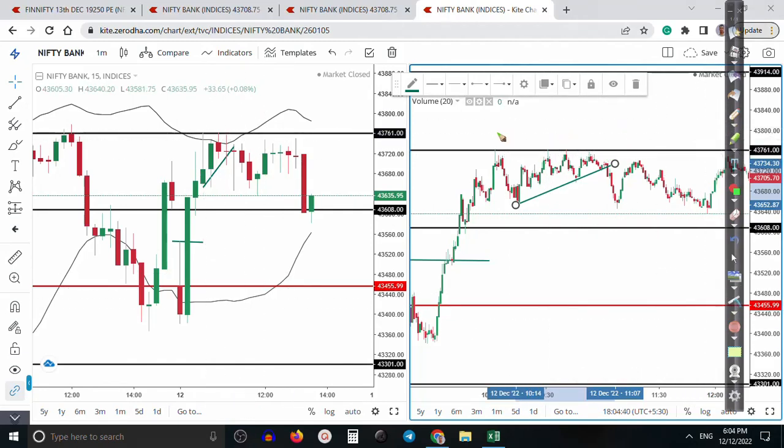Just a minute, my dog is working. 1, 2, 3 tests, and the 4th test. On the first test price was not forming any bearish candle. Next they formed a bearish candle, and when they form a bearish candle we are ready to short. We expect the price will drop from this area.